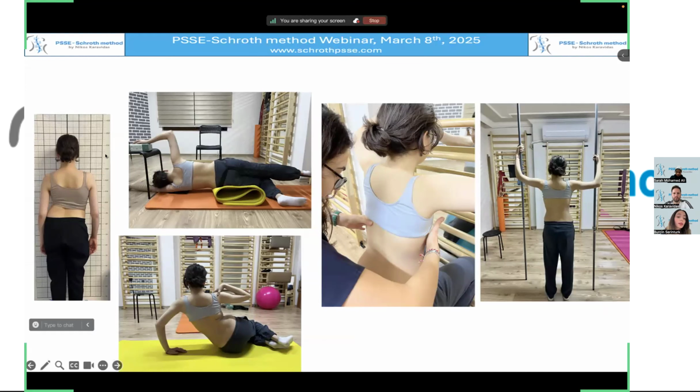When you check this patient in stance, her pelvis is shifted to the left and her trunk to the right. But during the Schroth session, during exercise, her pelvis and trunk should be balanced, because 3D autocorrection means putting everything in the best possible 3D alignment, and this is really important.